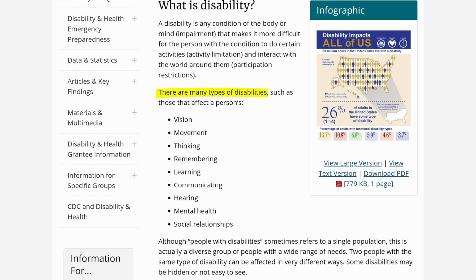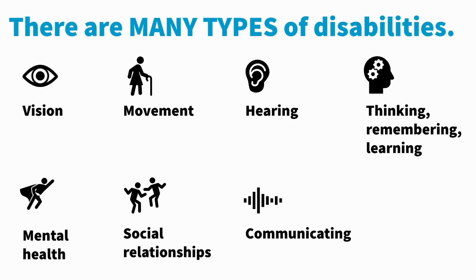Now, there's an interesting point in this last paragraph. The CDC says, although, quote, people with disabilities, end quote, sometimes refers to a single population, this is actually a diverse group of people with a wide range of needs. Okay, this is what I was getting us to.